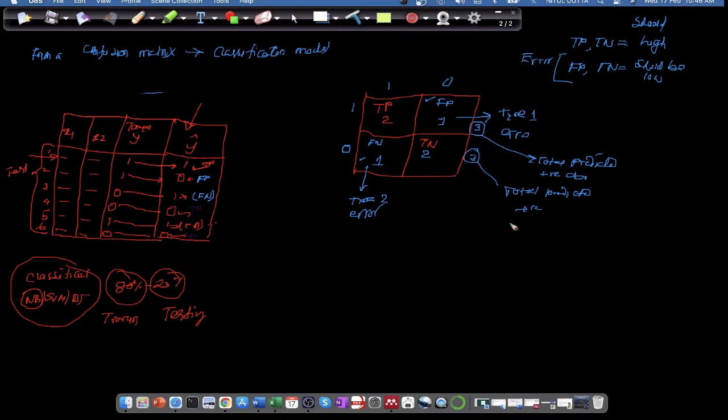If we add this side, 2 plus 1 is 3. This 3 gives the actual positive class, 1, 2, 3.